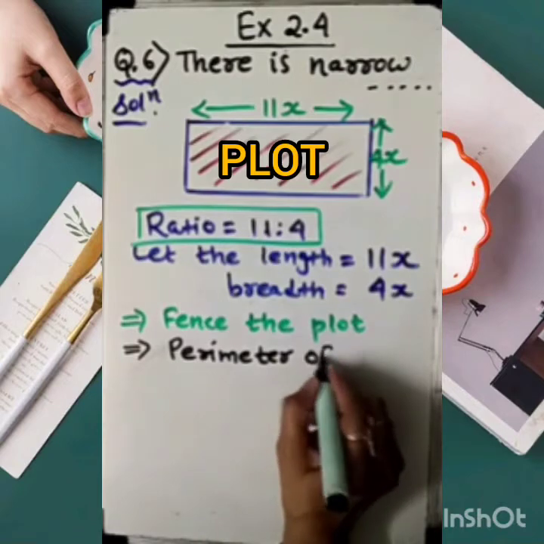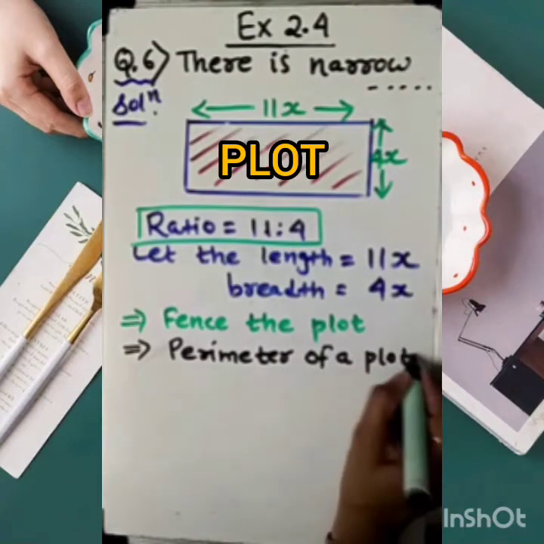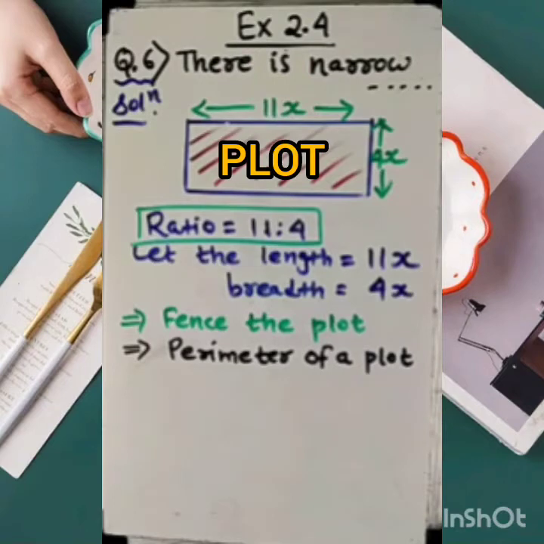So what is the perimeter of the plot? How to find it? Let's work on the total amount expended on fencing.